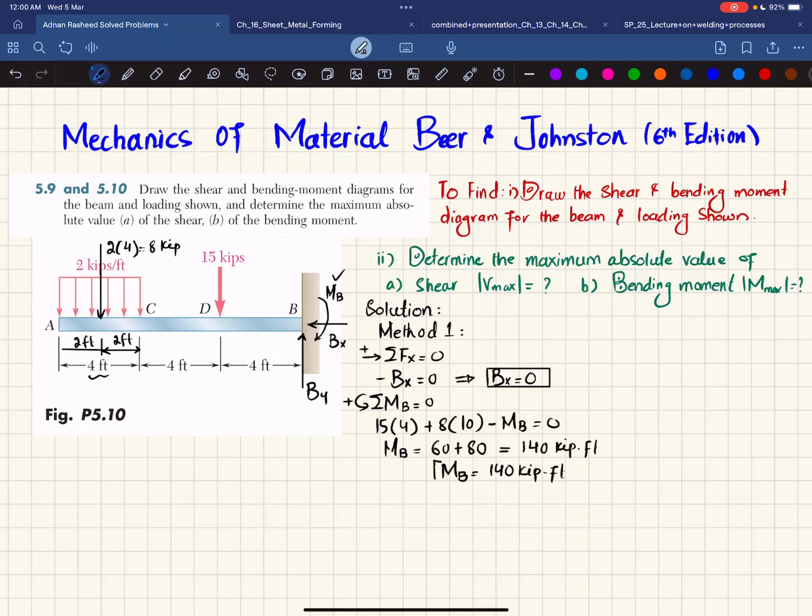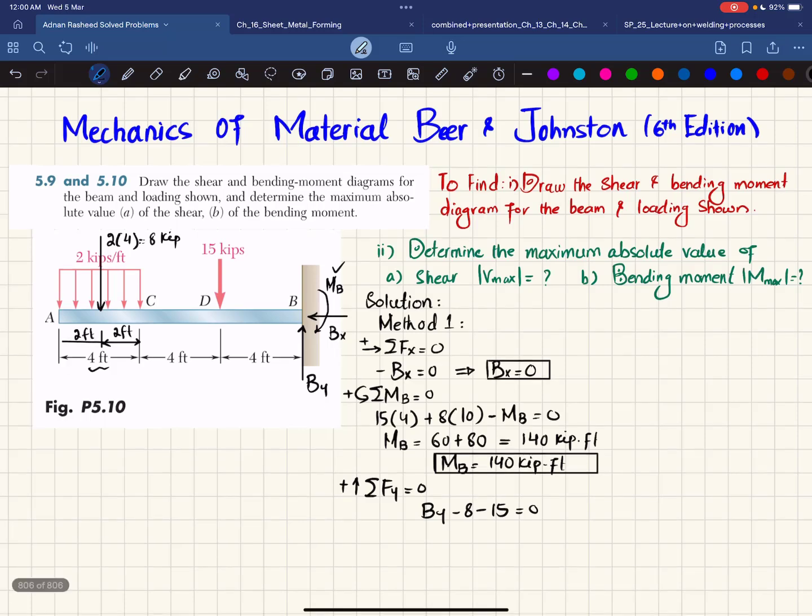The last thing which we will find is By, and we can find it by using the third equation of equilibrium, that the sum of all forces along the y direction must be equal to 0, and upward force is taken as positive. You can see the 8 kip is downwards, and the 15 is also downwards. So plus By minus 8 minus 15 is equal to 0.